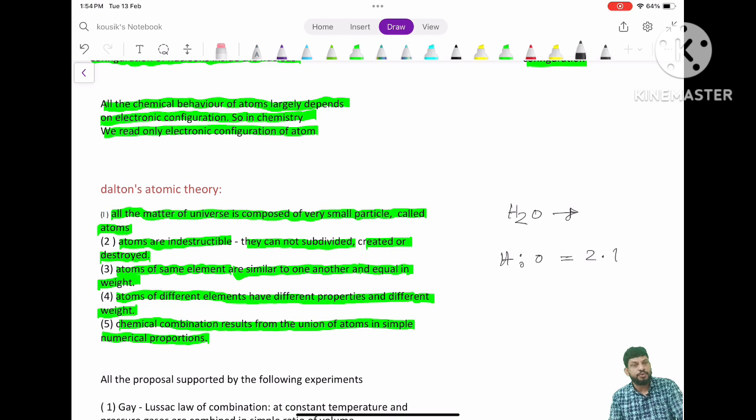It may be 2:3 for a different compound, 3:4, or 1:1, but it is not 1.5:1 or 2.25:1.75. It is not a fractional quantity. This law is obeyed in 99.99% of cases.